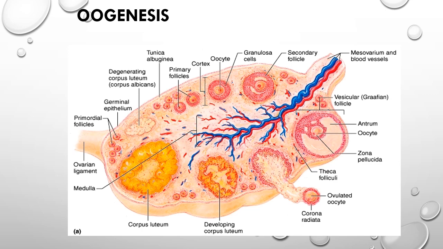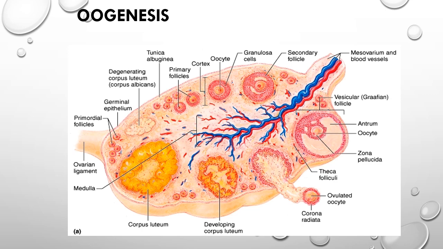This structure is very important because the development of the female gamete or the egg takes place in the Graafian follicle. So the Graafian follicle plays an important role in the development of the female gamete. This is the overall structure of the ovary.